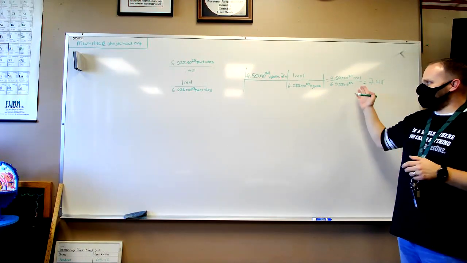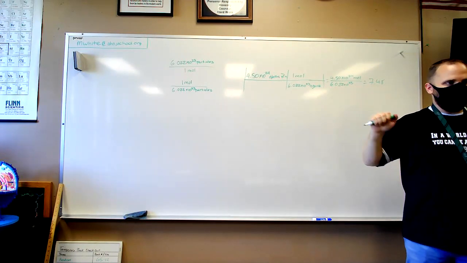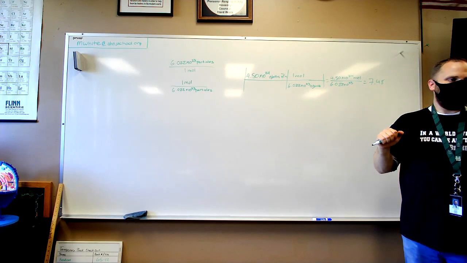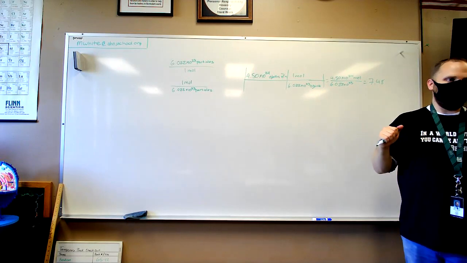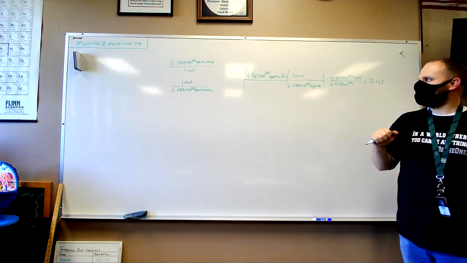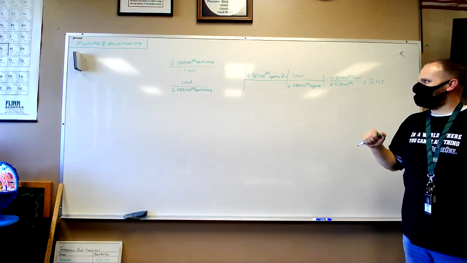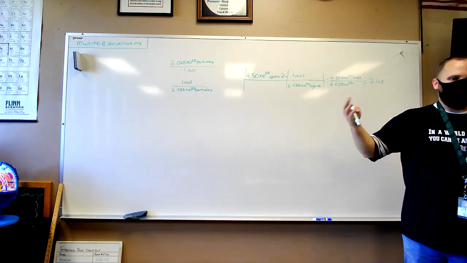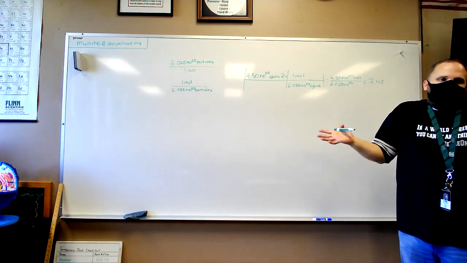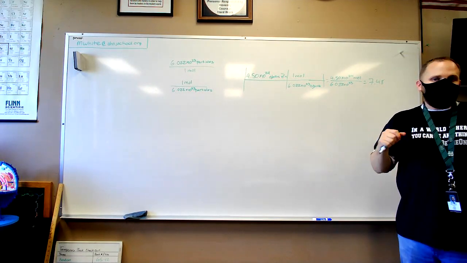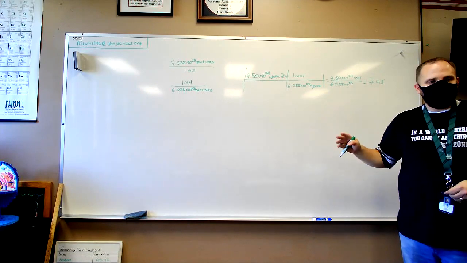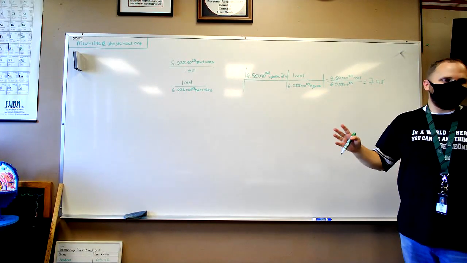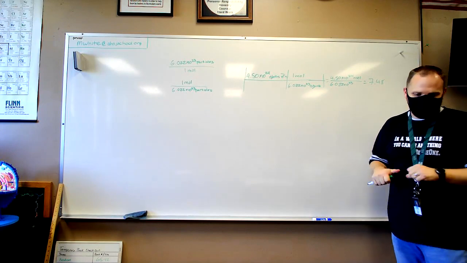Because if you set up this whole thing but hit a button wrong in your calculator, I can still see that you knew what you were doing and give you some credit. But if you hit a button wrong in your calculator and just give me the wrong number without showing any of your work, I don't know if you made a simple calculation error or if you did the whole thing wrong. So, always good to show your work.